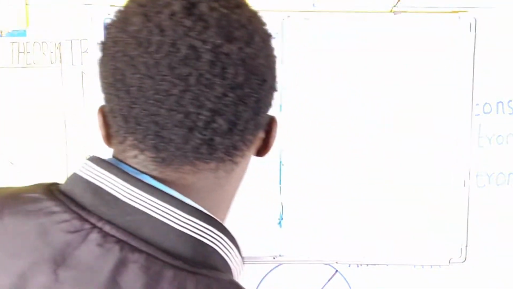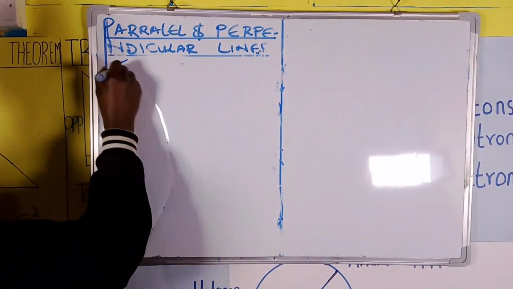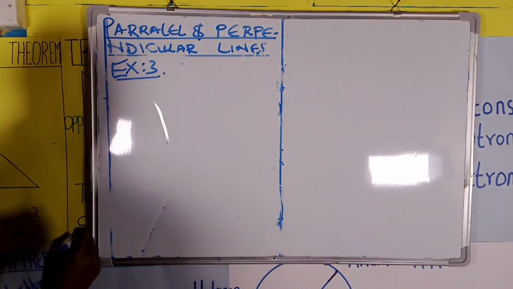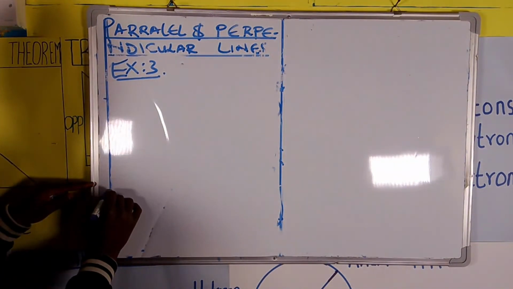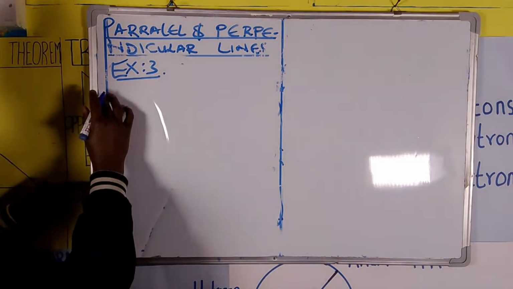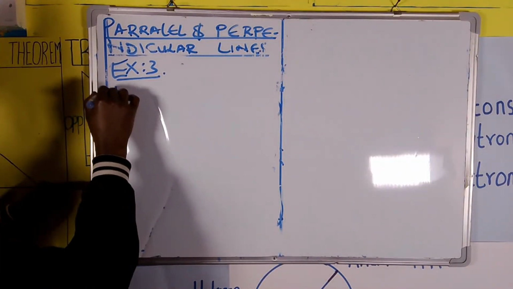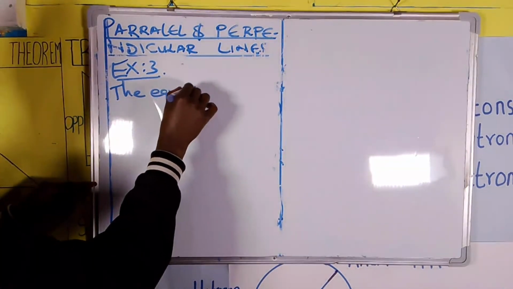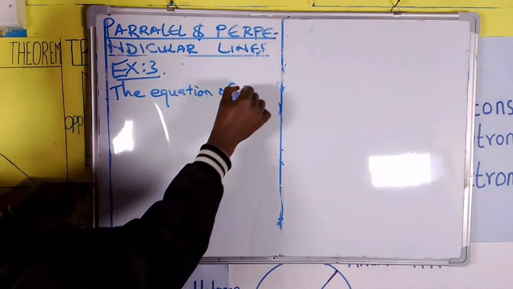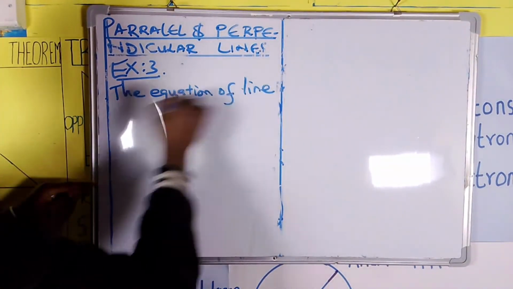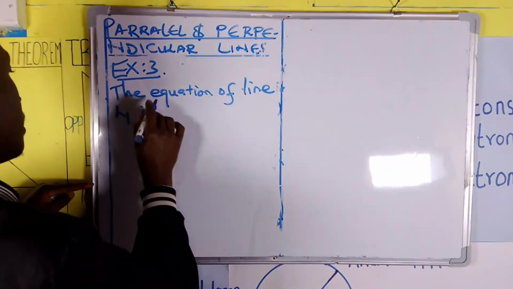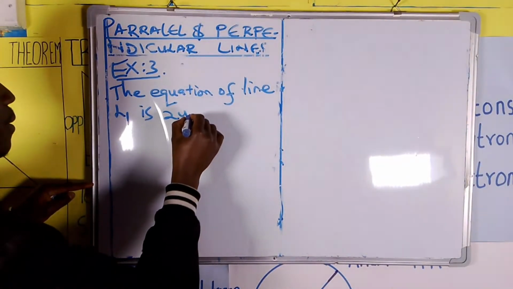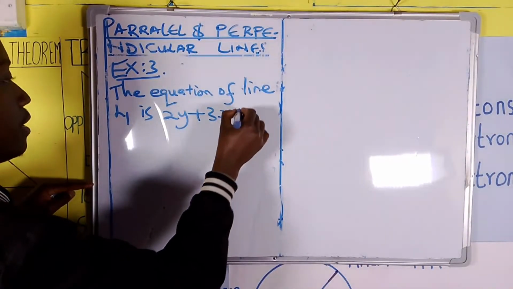So we have another question here. Example 3. The equation of line L1 is 2y plus 3x is equal to 5.